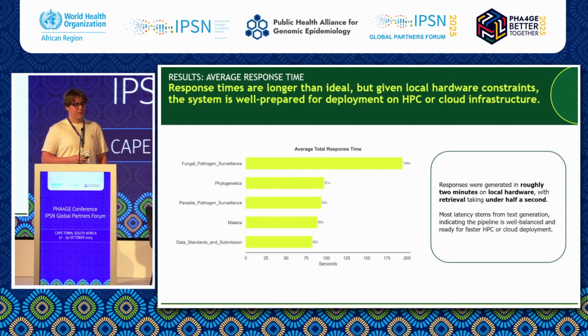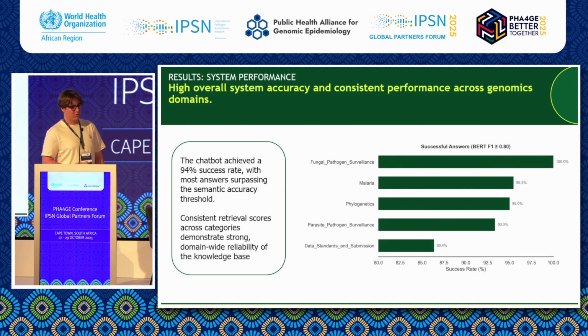In terms of efficiency, the system generated responses in roughly about 2 minutes on my local hardware. The response times are longer than ideal, but that's expected given the constraints of running locally on my laptop. The encouraging part is that the pipeline will scale well, meaning that on an HPC or cloud infrastructure, these times would be reduced.